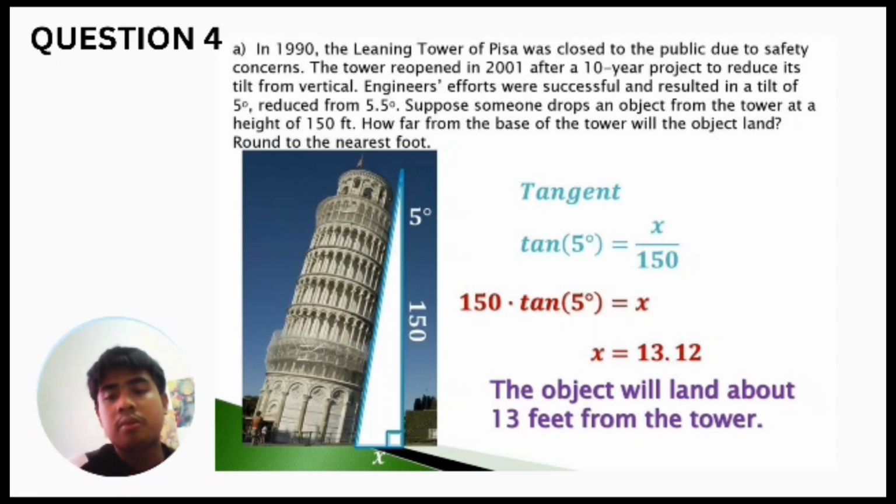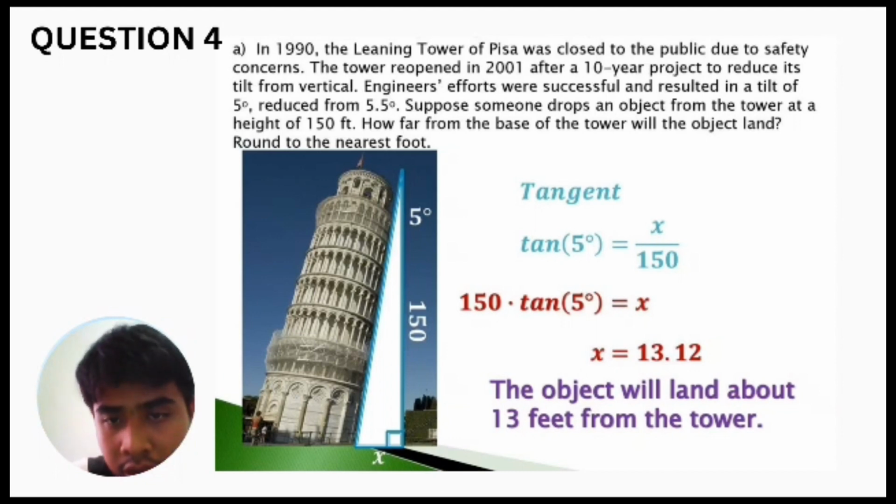So now we can just move the 150 to the tangent 5, which results in multiplication. We can just multiply it to get the answer 13.12. And if we round it, we only get 13 feet. So the actual answer is the object will land about 13 feet from the tower.